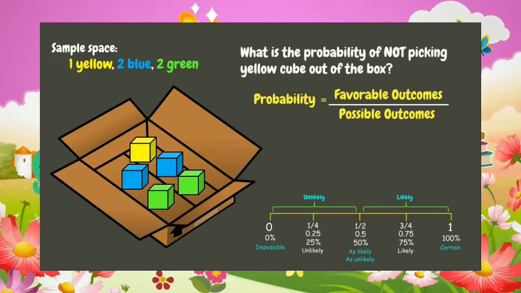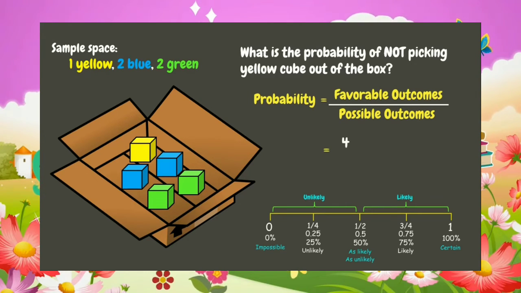Very good. Now, what is the probability of not picking a yellow cube out of the box? We have 5 cubes here. So, the question is not picking yellow. So, except for yellow, the favorable outcomes is, what do you think? 1, 2, 3, 4. 4.